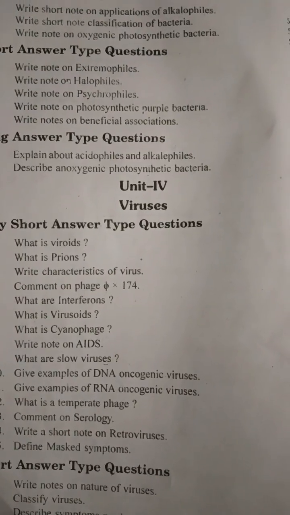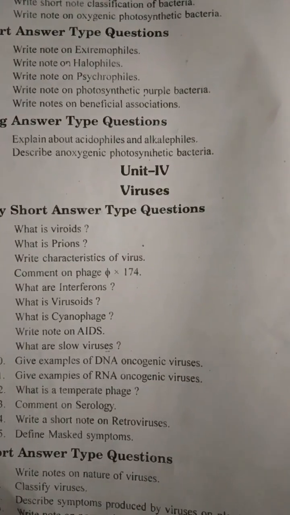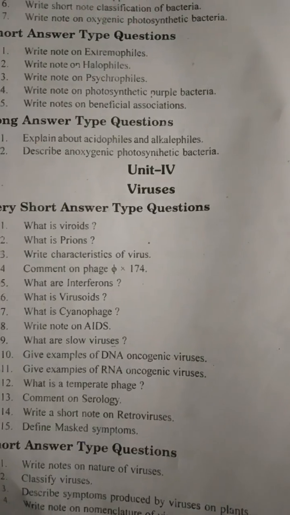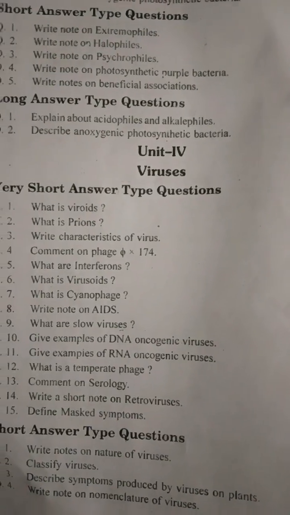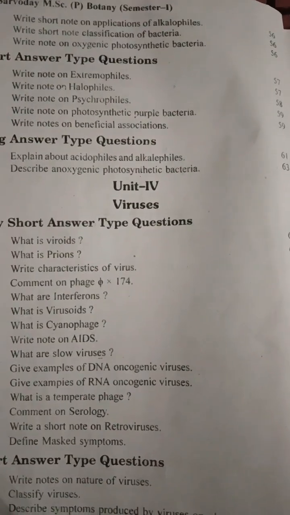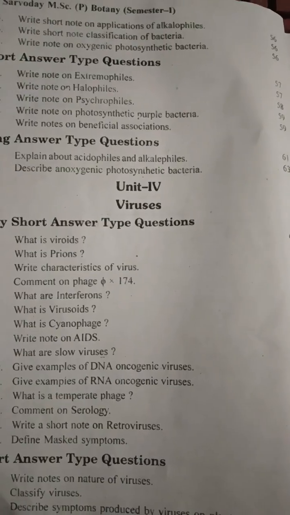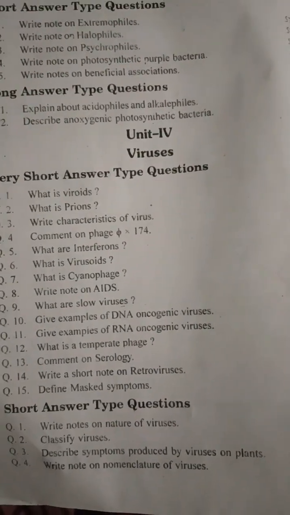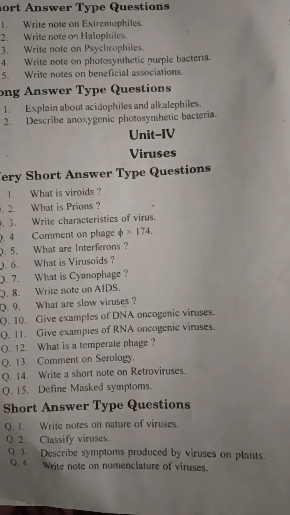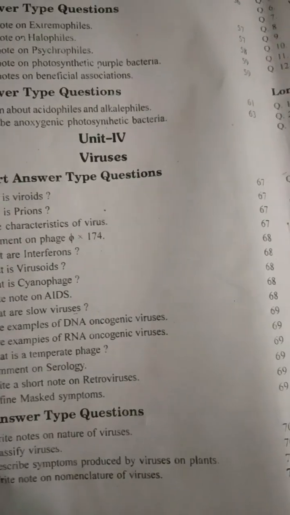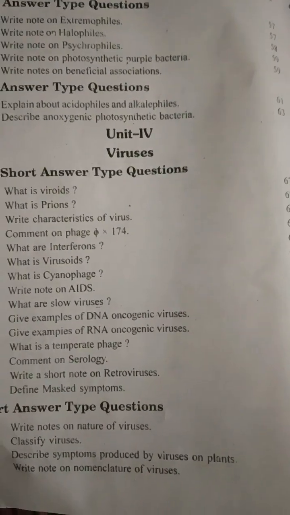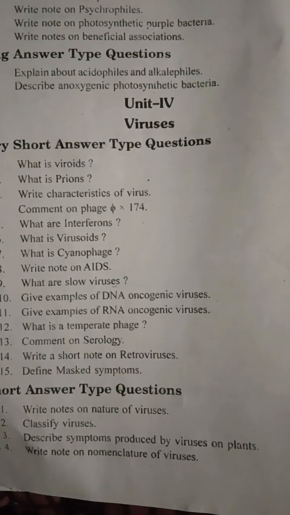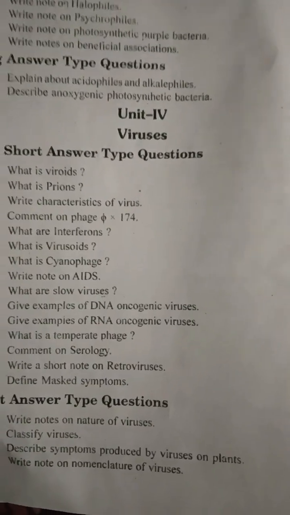DNA oncogenic viruses, RNA oncogenic viruses, what is template phase, serology, write a short note on retroviruses, define masked symptoms, write notes on nature of viruses, classify viruses, describe symptoms produced by viruses on plants, write notes on nomenclature of viruses.